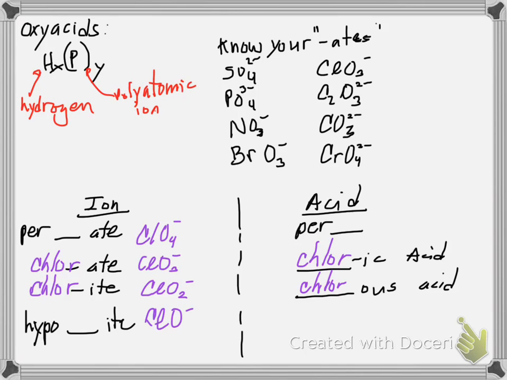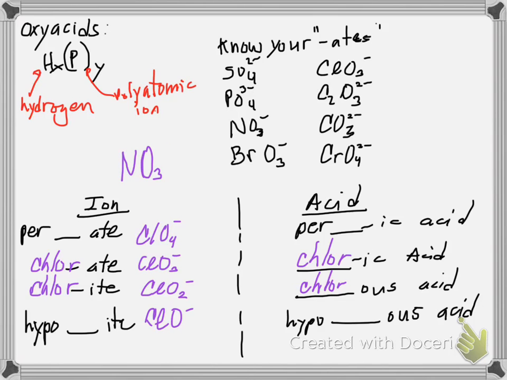And if you had one less than the chlorite condition, ClO-, it'd be hypochlorite. Naming the acids should be pretty obvious from there. For the perchlorate, it'd be perchloric acid, and for the hypochlorite, it'd be hypochlorous acid.